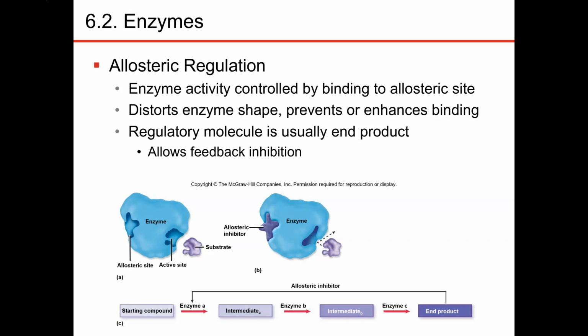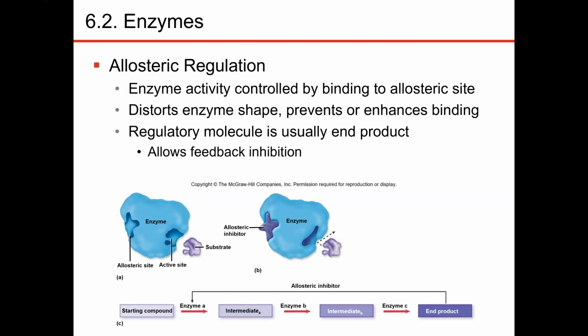So there's a thing called allosteric regulation that helps us in stopping enzymes from doing things when we don't need them. When you think of allosteric regulation, think of not producing molecules that we don't need.